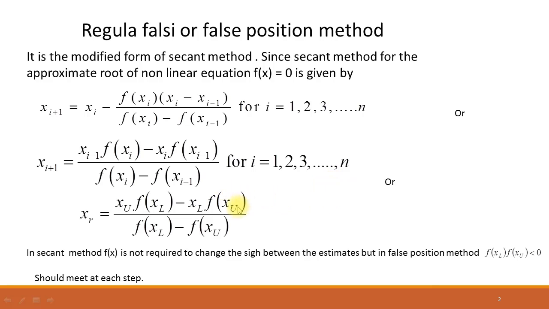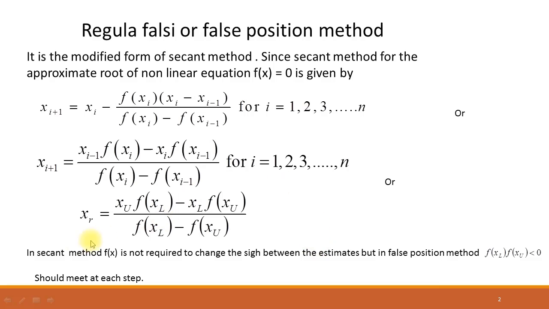Or we can write this formula as x_r, the required approximate root, is equal to (x_u f(x_l) - x_l f(x_u)) / (f(x_l) - f(x_u)). So dear students, the regula falsi method formula and secant method formula are the same, but there is one difference between these two methods.